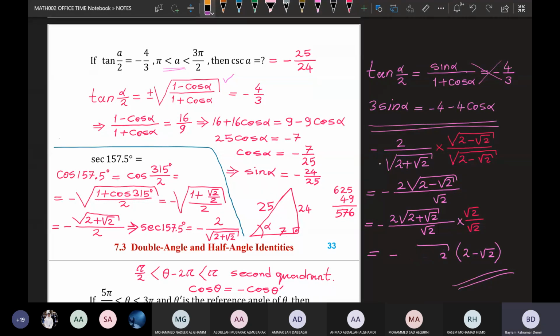So when you multiply by root 2, you see what's happening, Shabab? So at the denominator, you will get root 2 times root 2 is 2, and the 2 will cancel, right? So you will get negative root of 2 plus root 2 multiplied by root 2.